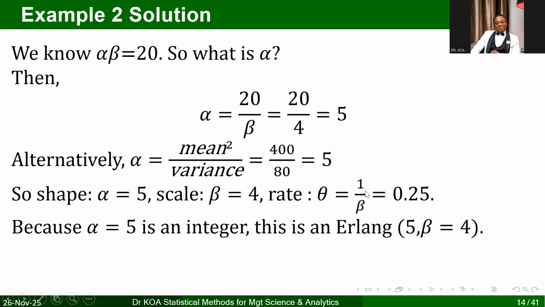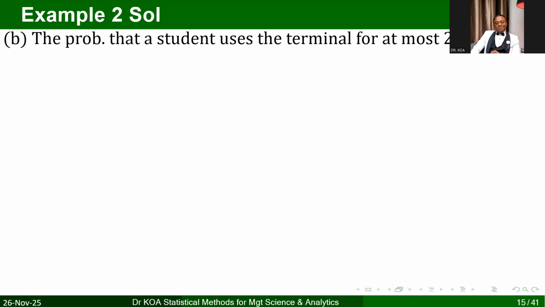As you can see here, anytime you have the beta, it's just the reciprocal of that answer. That gives you the rate. But most of the questions will not be using the rate. Here I just needed to let you know the formula for the rate. Yes, sir. The next thing is to now find the probability that a student uses this terminal for at most 24 minutes. The word at most is what symbol?